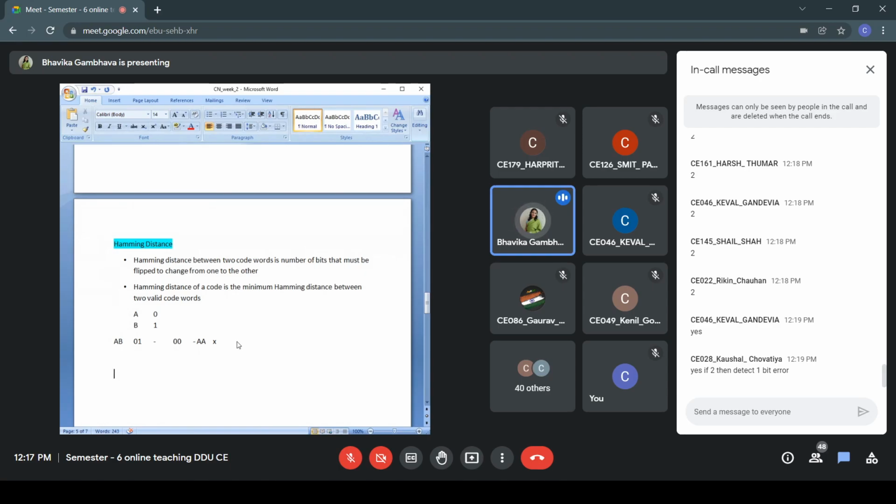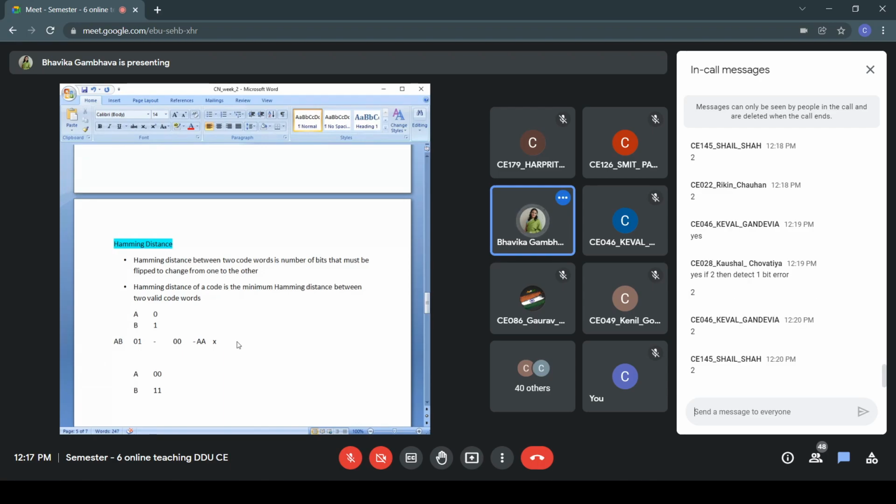Yes. So let us try a 2-bit error. A is represented by 0, 0 and B is represented by 1, 1. So now what is the Hamming distance here? Hamming distance is now 2. So if I want to send AB now, I'll be sending 0, 0, 1, 1. Now if one of the bits is changed, let us say 0, 0, 1, 0. The last bit is corrupted.